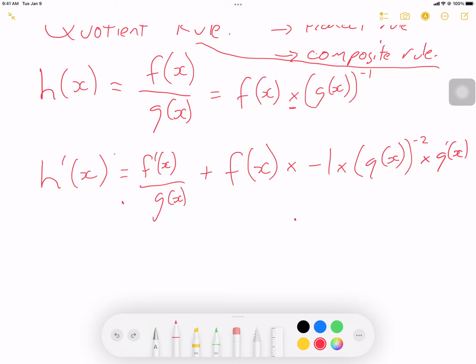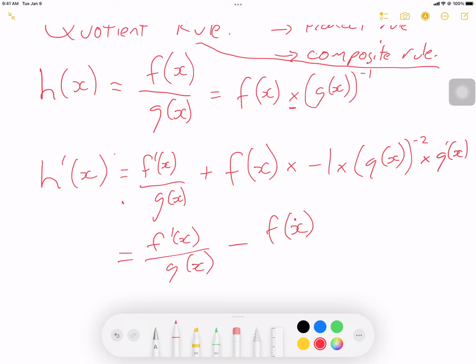So another way to write what I've just written is f dashed of x over g of x. That hasn't changed at all. And now I've got a times and minus here, so I'm just going to write minus f of x.